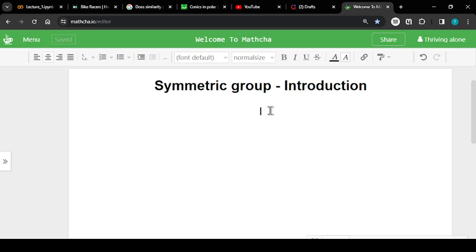Let's get started. Now we all have seen this particular notation. You might be familiar with S_n. This is the notation we use for the symmetric group. If you notice, what does it actually do?